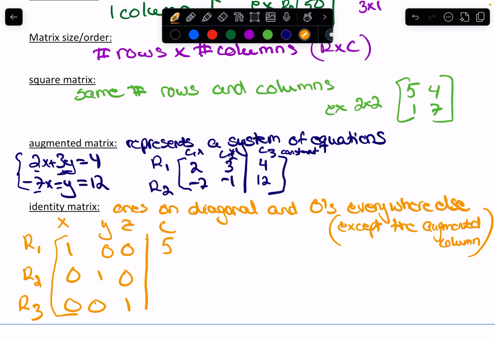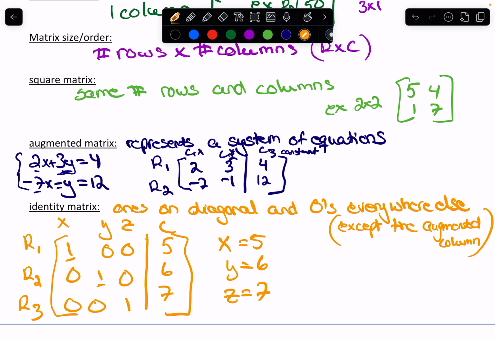Except we can have the constants be whatever numbers we've got. So since this is 1, it means that we have x equals 5. This one is y, so y equals 6, and z equals 7.